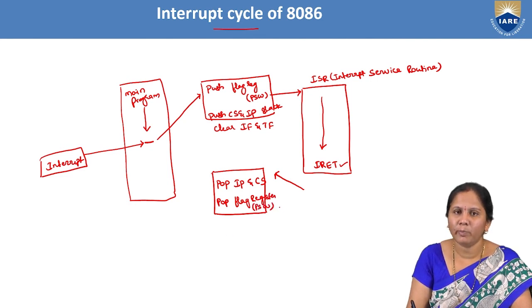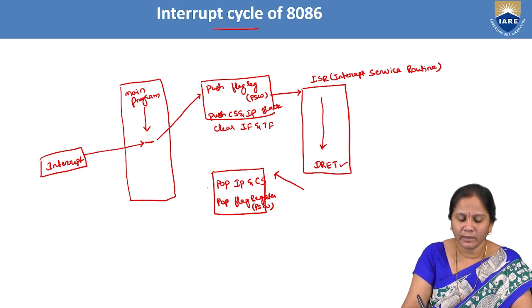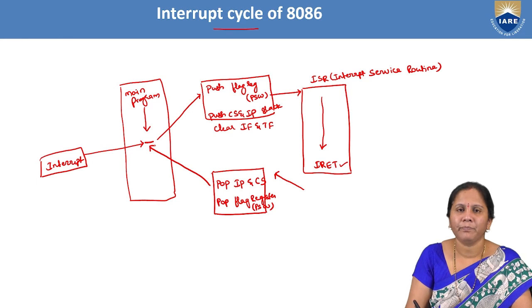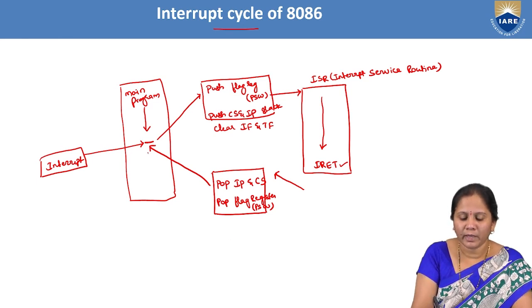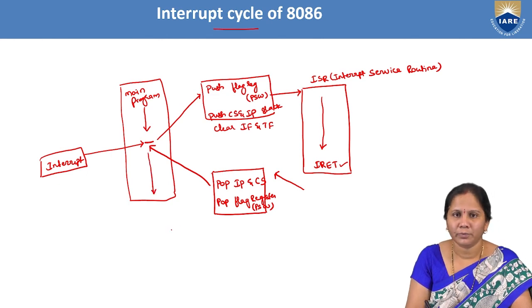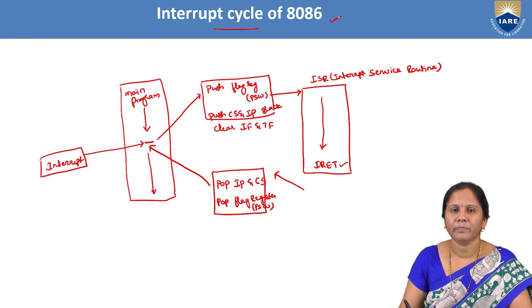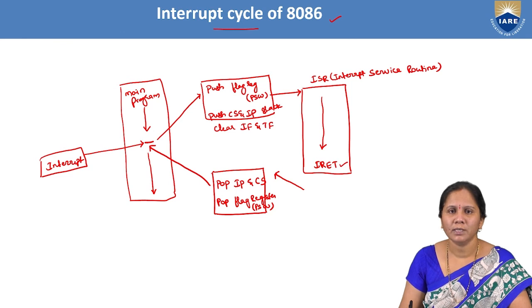These contents will be popped from the stack, and then the control goes again to the main program where it has stopped, and from there the main program is continued. So this is the entire concept of the diagrammatical representation of the interrupt cycle of 8086 microprocessor.